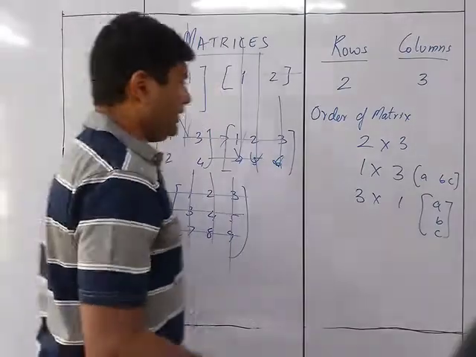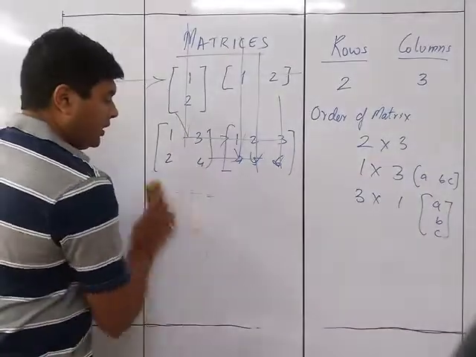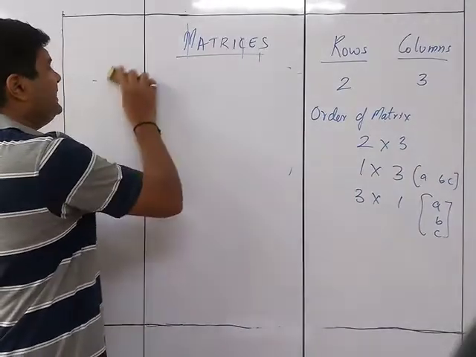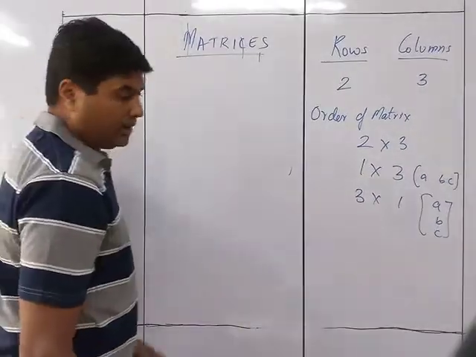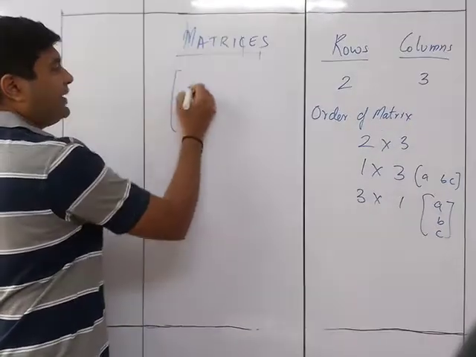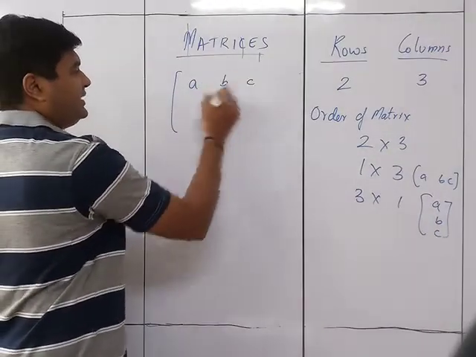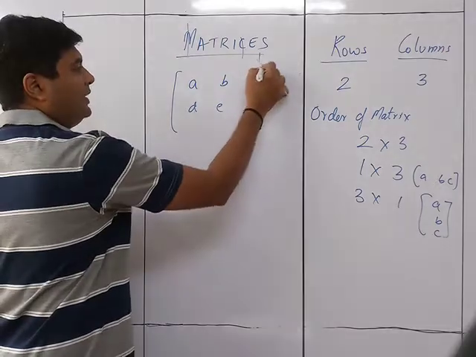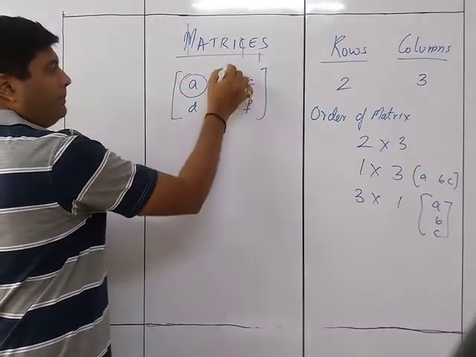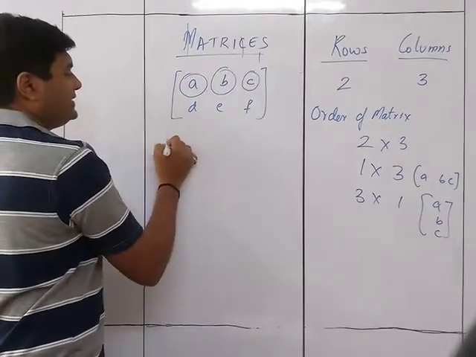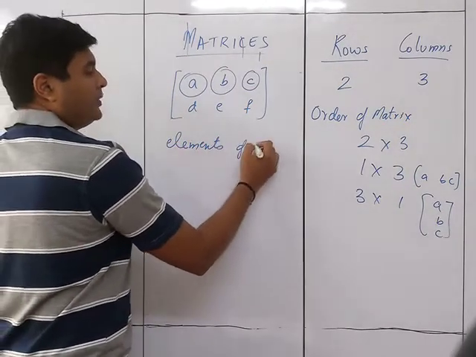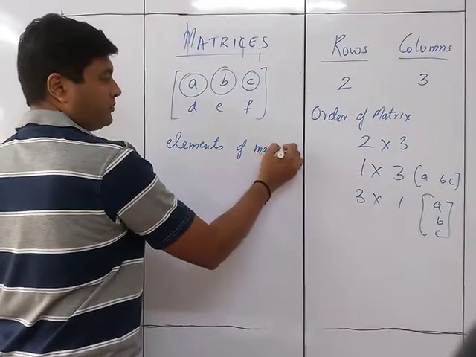Another important thing we can see is that if I have a matrix like A, B, C, D, E, F over here, then each number written, A, B, C, they are called the elements of the matrix.